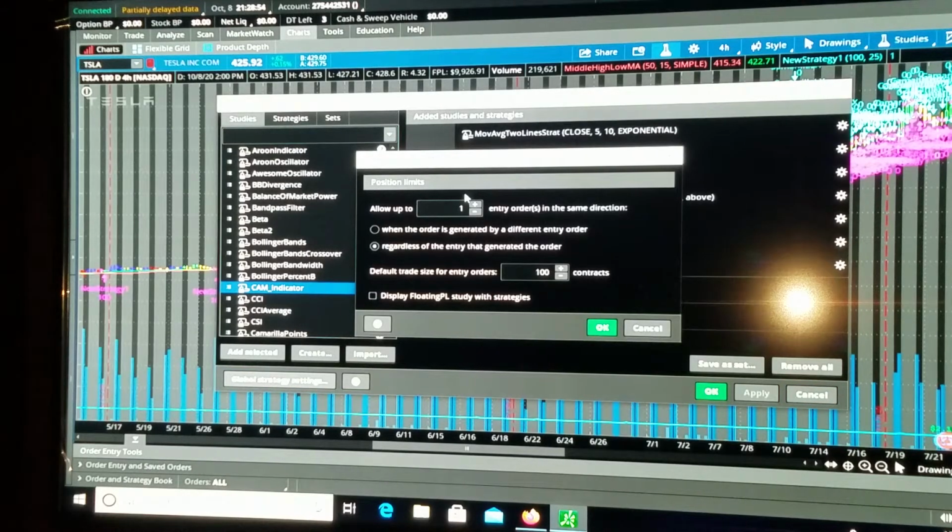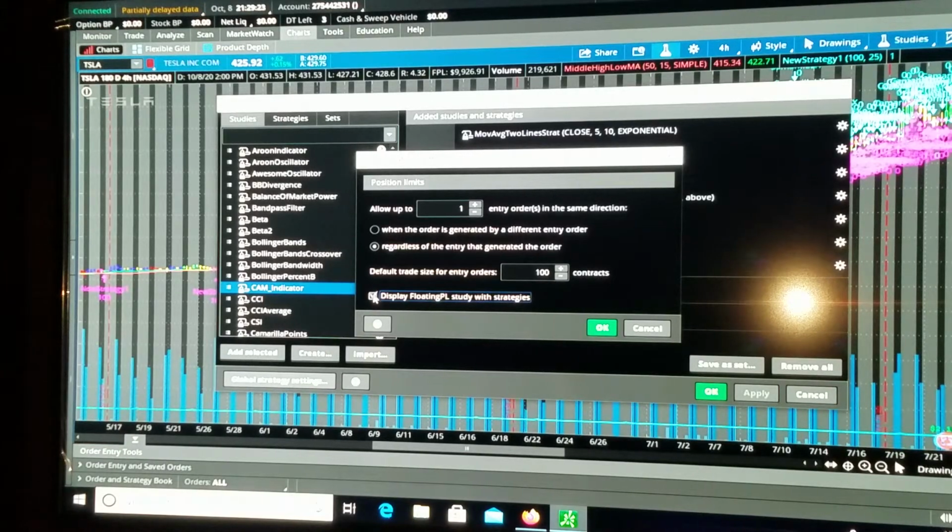Alright, our global strategies allow up to, let's see, one entry order in the same direction. Let's do, I don't know, just one for now. When the order is generated by a different entry order, regardless of the entry that generated the order. Default trade size for entry orders, 100 contracts.